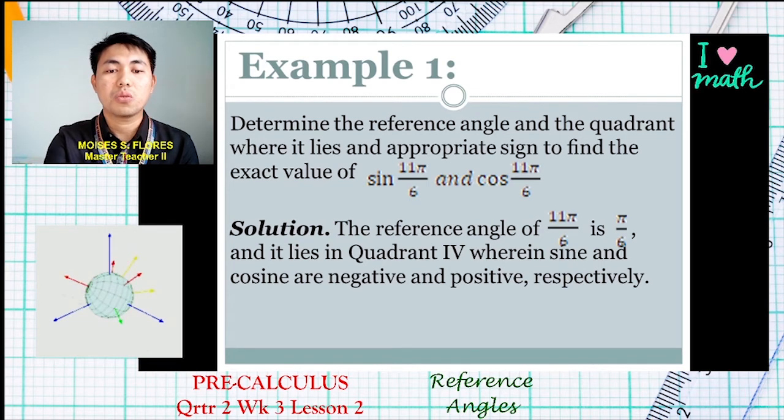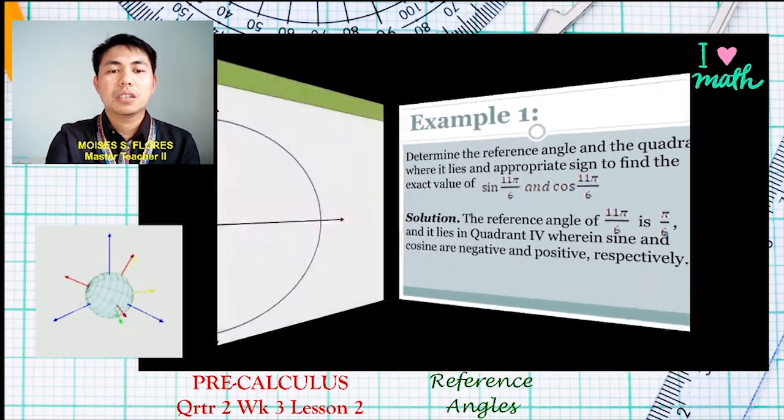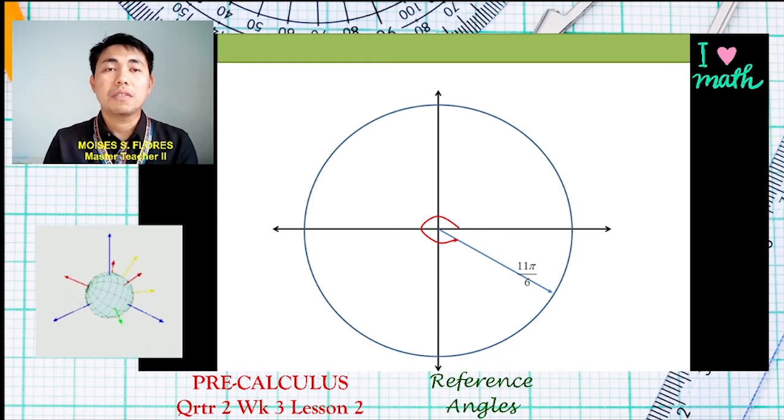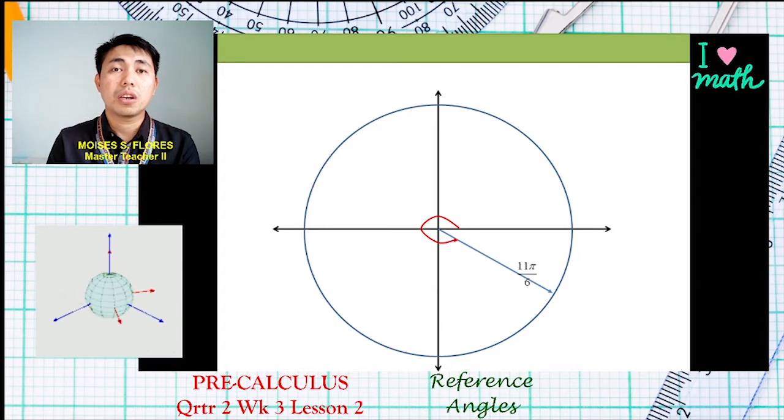Again, it's in quadrant 4, so your x-axis is positive and your y-axis is negative. Take a look at our sketch of the angle. We have here your 11 pi over 6. From the definition of the reference angle, it should be less than 90 degrees, an acute angle.